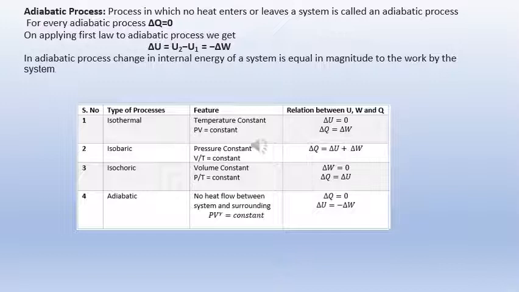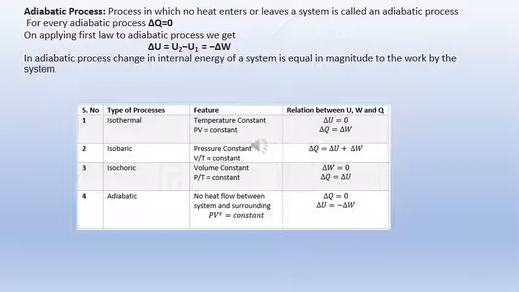As the heat cannot enter the system from the surroundings, the temperature falls. The essential condition for the adiabatic process to take place is that the compression and expansion should be sudden.